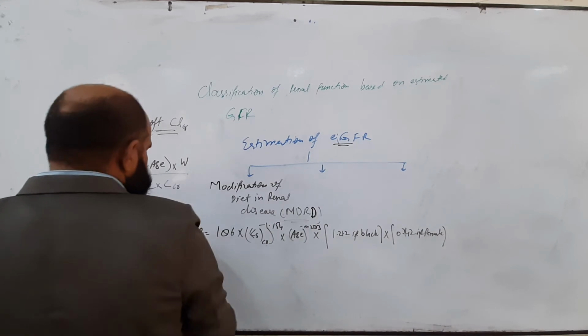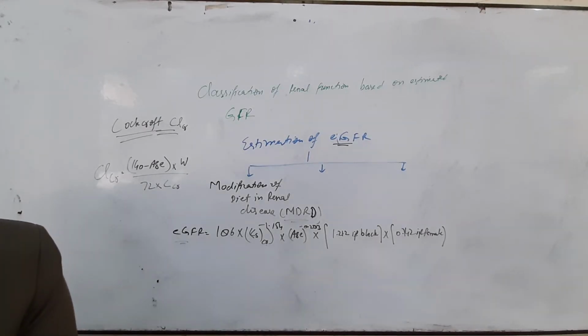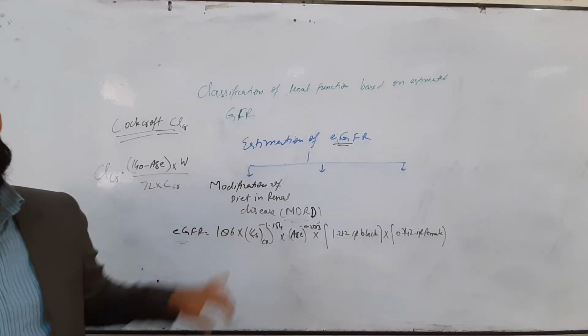This is the MDRD method, modification of diet in renal disease.